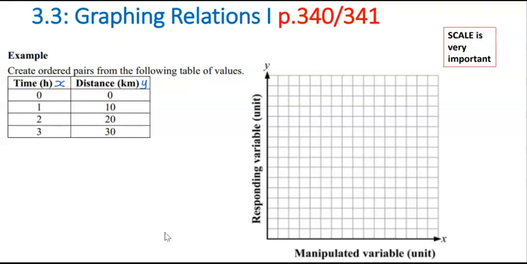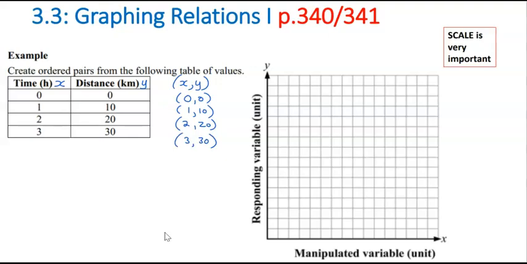And so we can create ordered pairs, and then we can also label and set up our graph. So our ordered pairs are going to be x comma y. So we can plot these points, 0, 0, 1, 10, 2, 20, 3, 30.